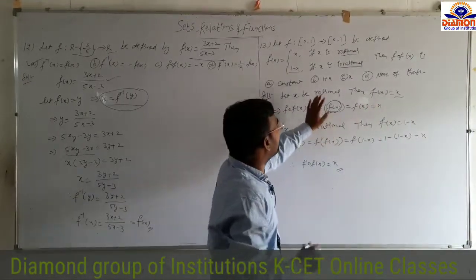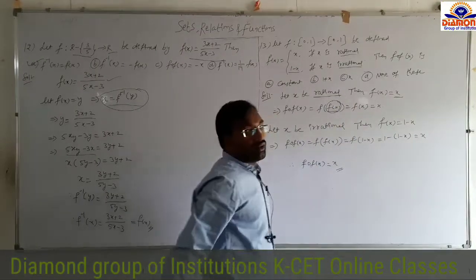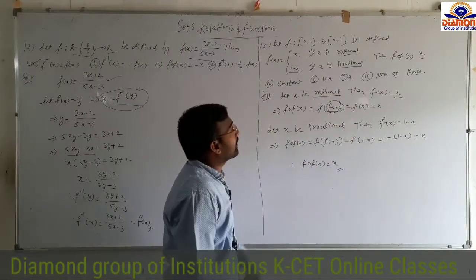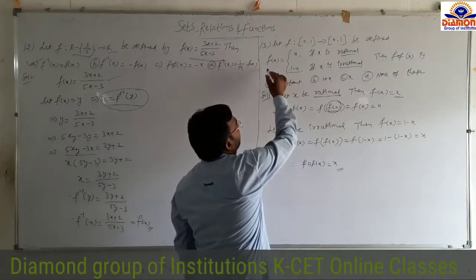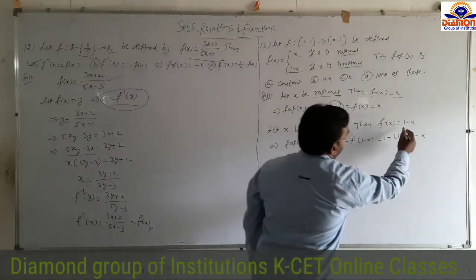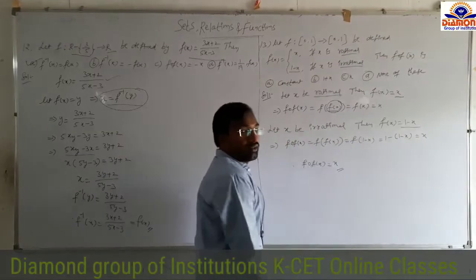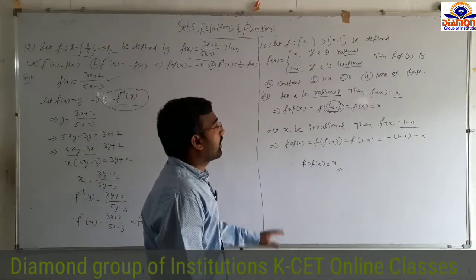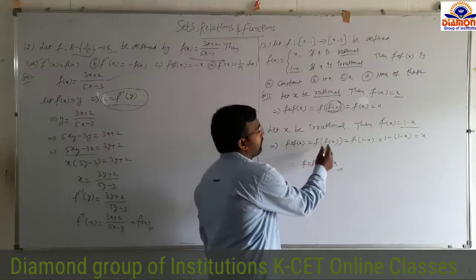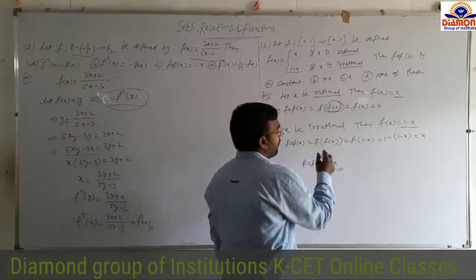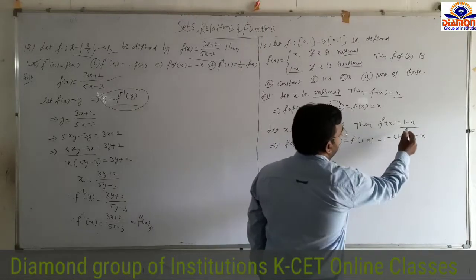Next, if x is an irrational number, at that time the function is defined as f of x equals 1 minus x. So if x is irrational, again calculate f circle f of x. f circle f of x equals f of f of x. What is the value of f of x in this case? 1 minus x.